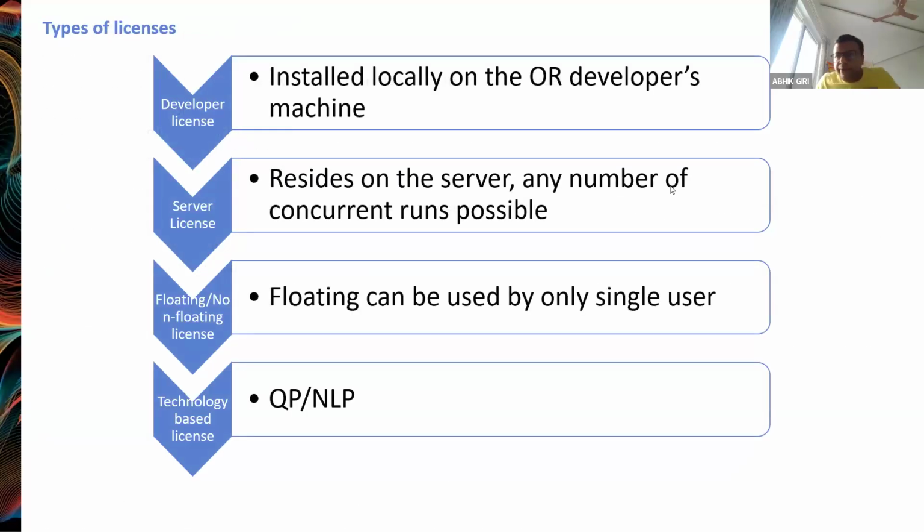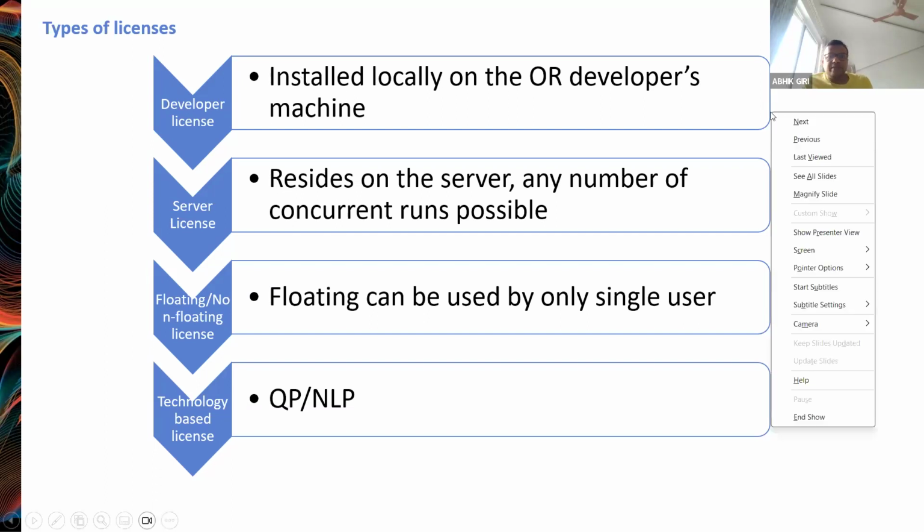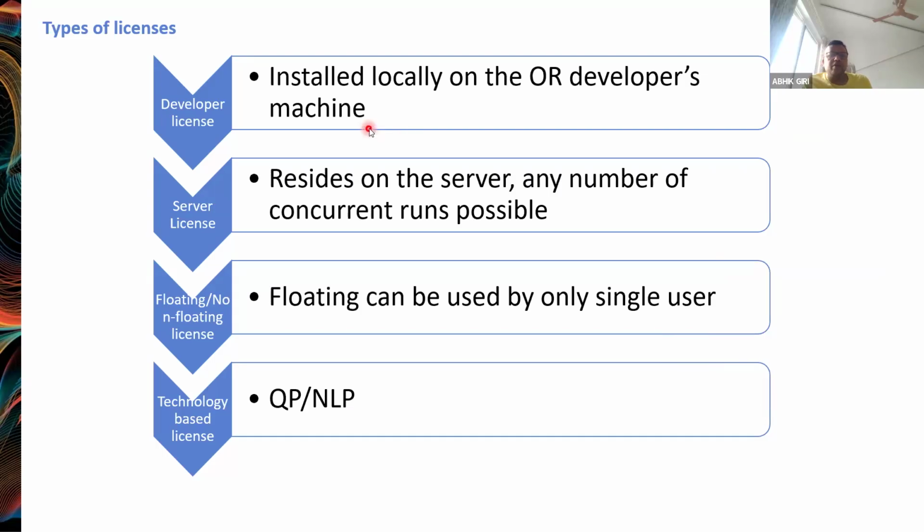So for any commercial solver, there can be different types of licenses. As you might be aware, for academia you would have an academic license, which is free of cost. And when it comes to commercial versions, you might have different kinds of licenses. One kind is the developer license, which is installed locally on the developer's machine.